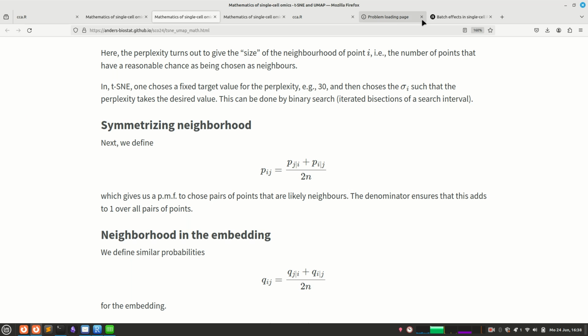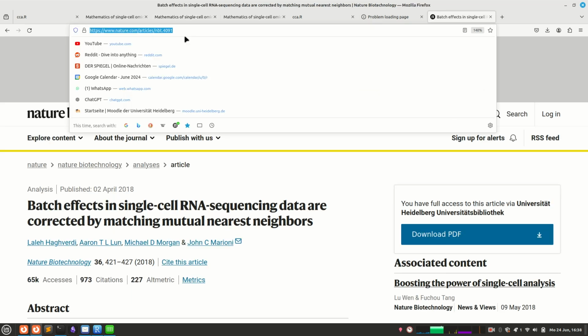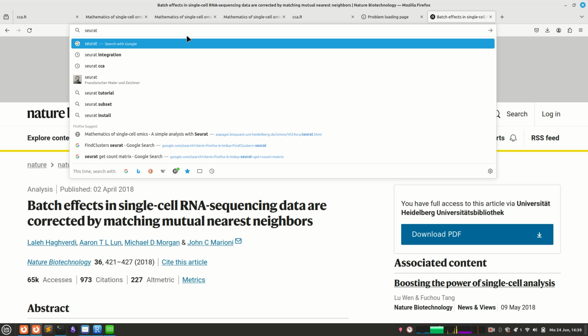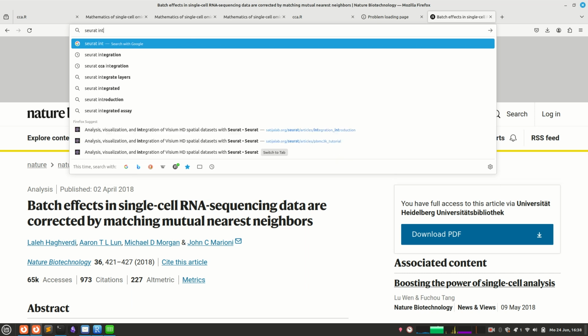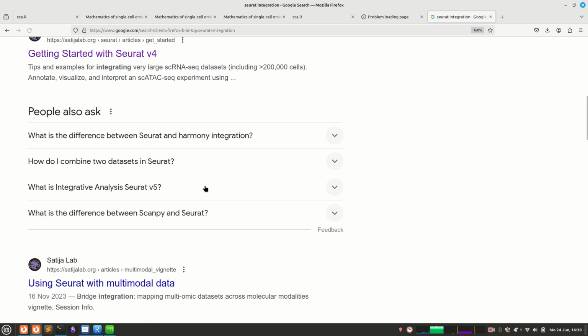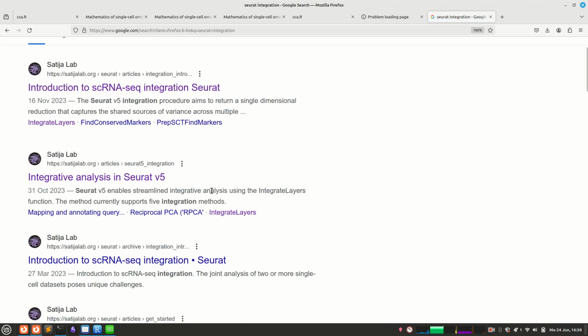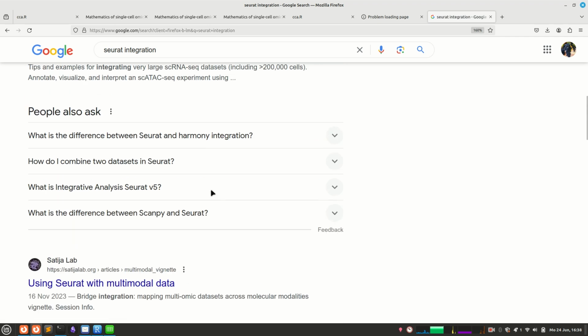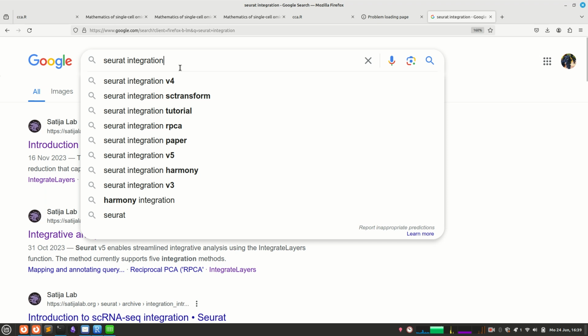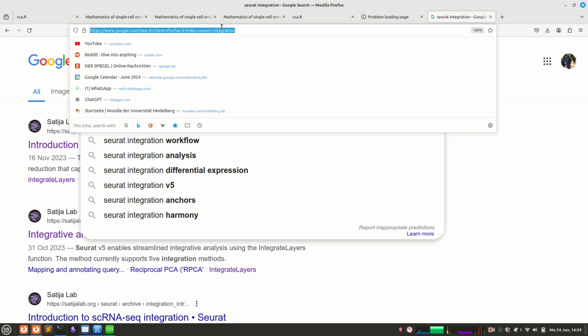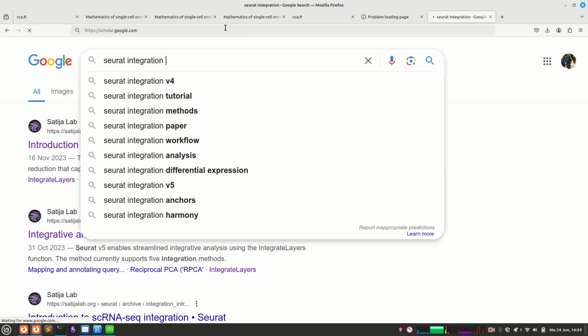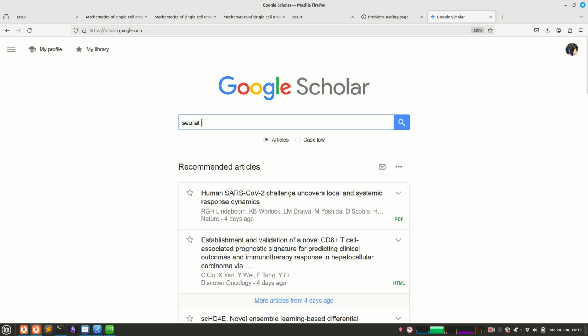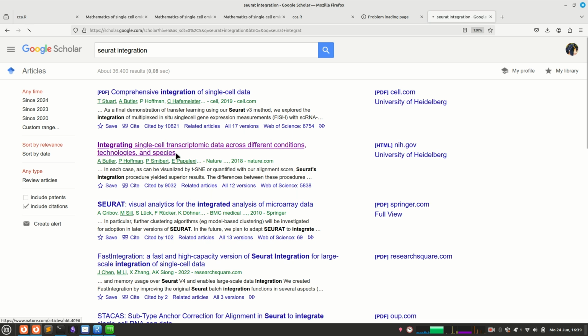Now, a bit later came the paper from the authors of the Seurat paper, on integration.